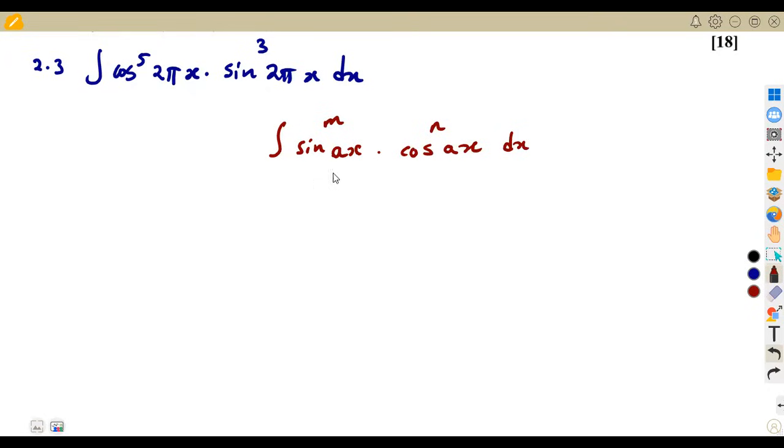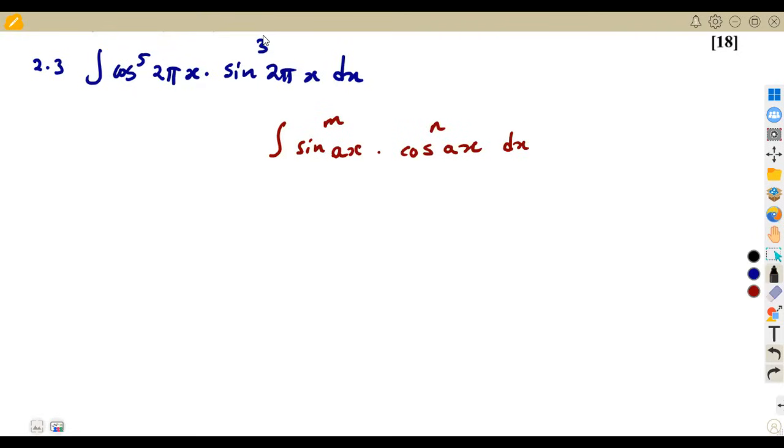Whenever you are given this format, there are two things that you need to figure out. One, are you working with odd exponents? The powers that you're given there, are they odd? Both here are odd.